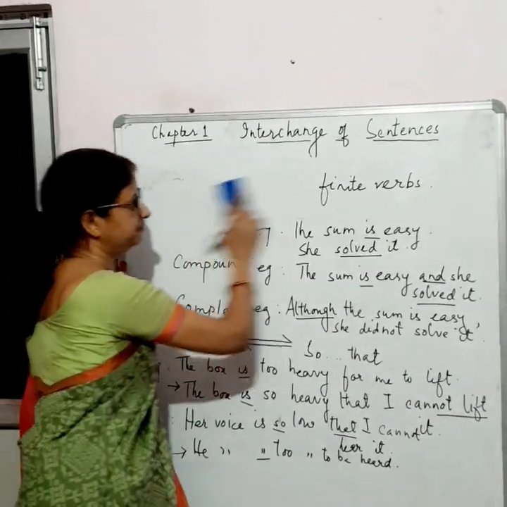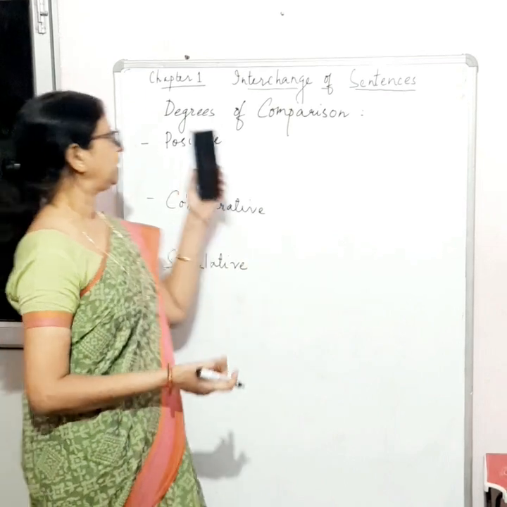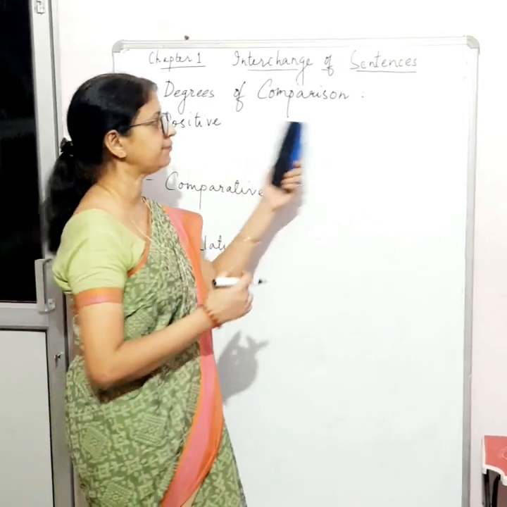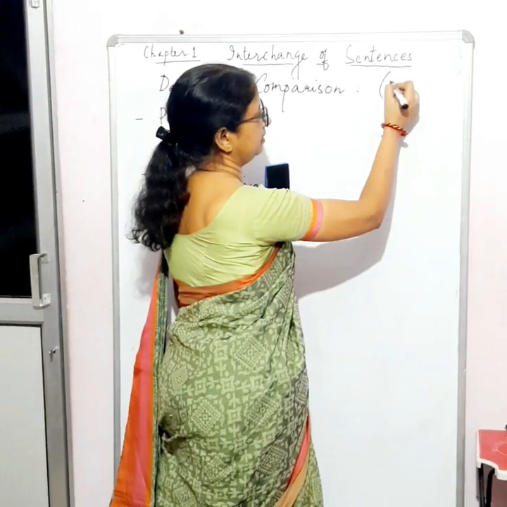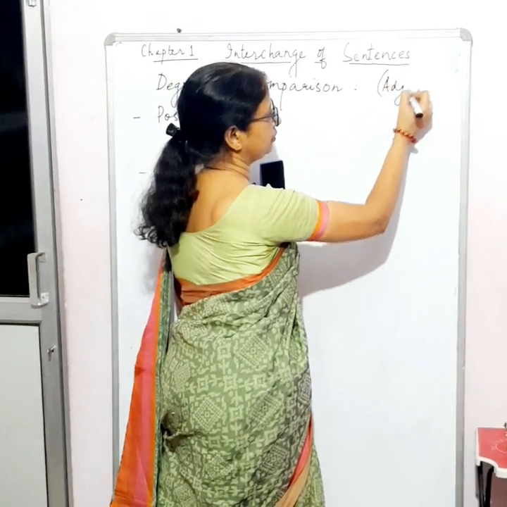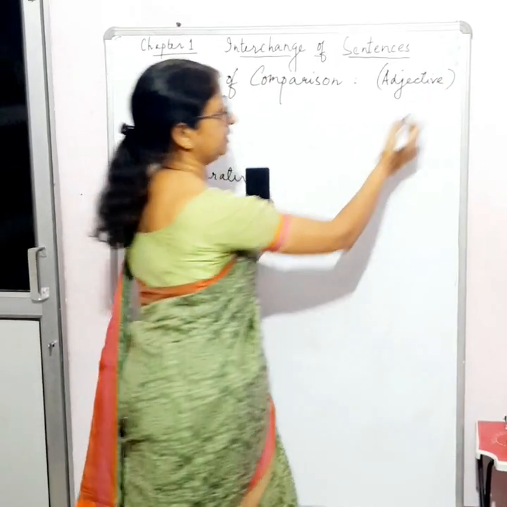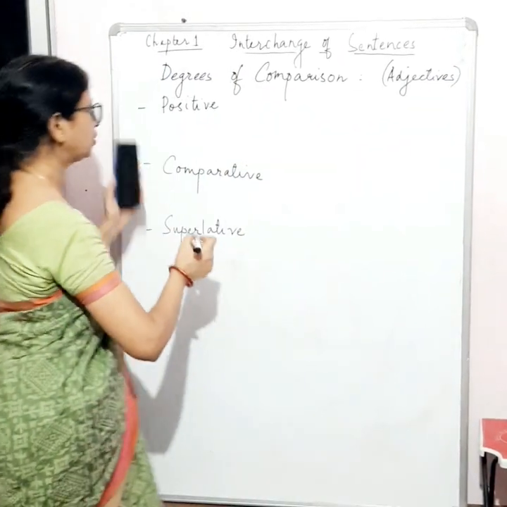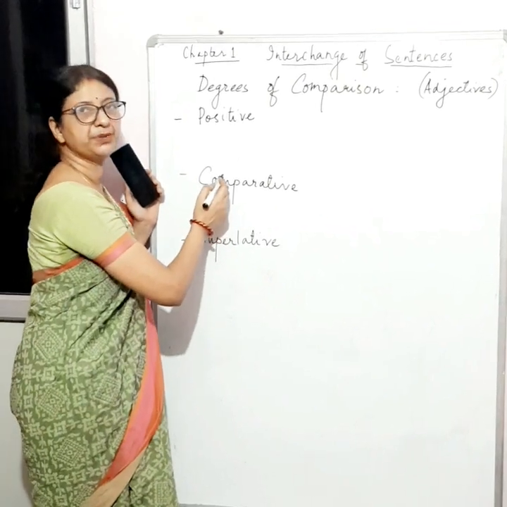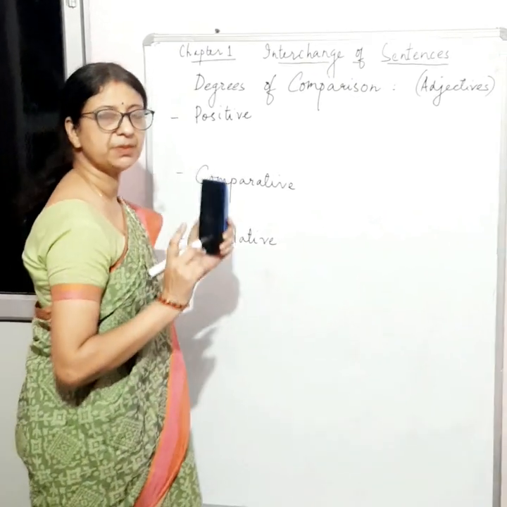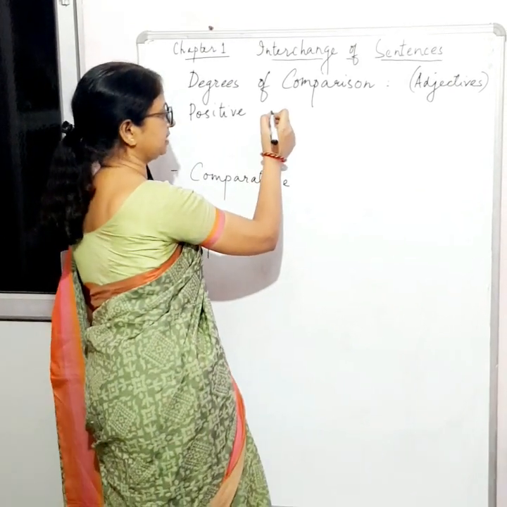So let us see the interchange of degrees of comparison. Here we are taking adjectives into account. Degrees of comparison of adjectives: positive degree, comparative degree and superlative degree. You must have remembered that you studied this in lower classes.